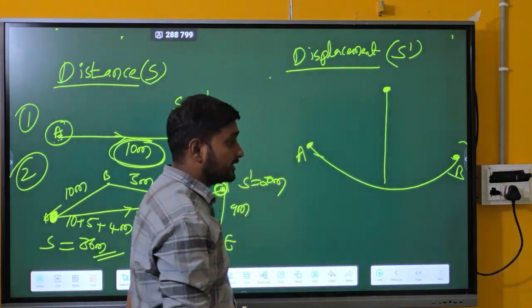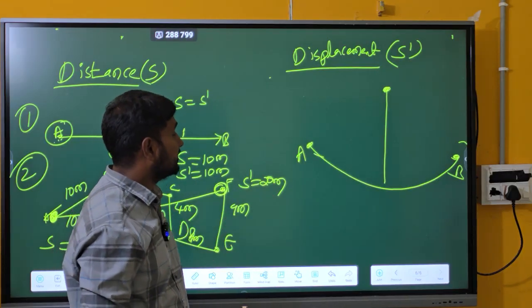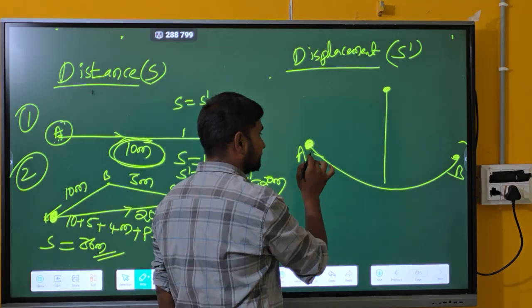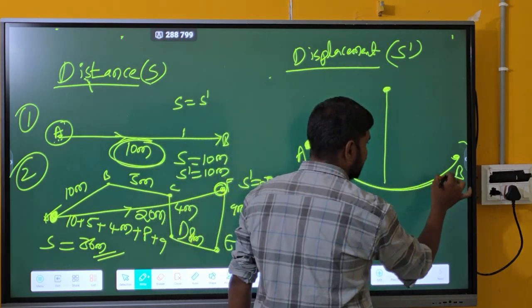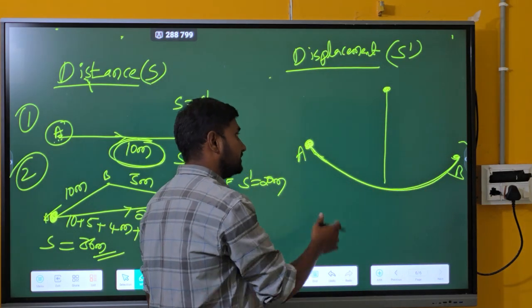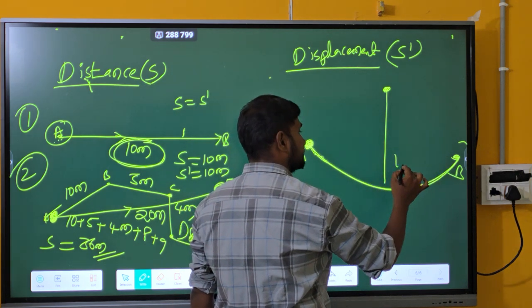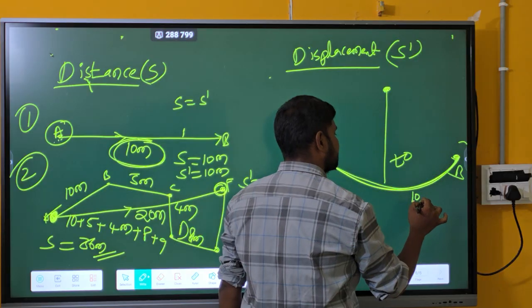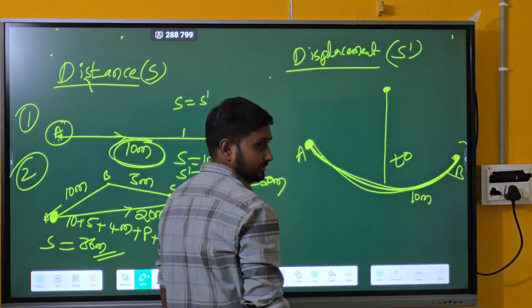The body travels from A to B. It oscillates from A to B and B to A. For two motions, it is 10 meters each.